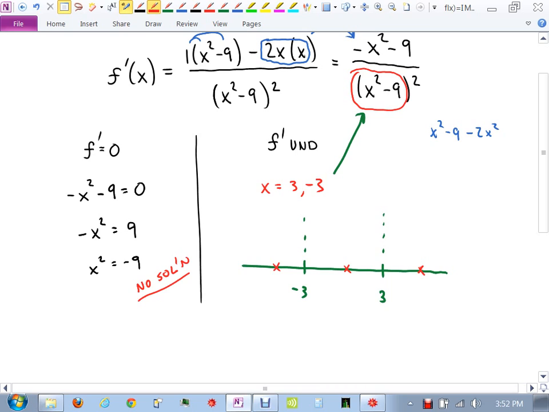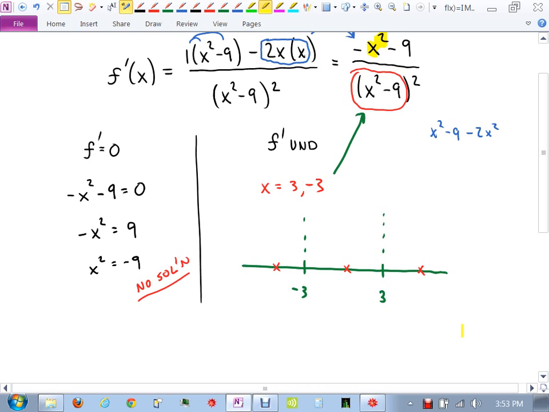This is kind of interesting. Can anybody tell me what I'm going to get with those test points? Doesn't matter what test point I plug in. What can you tell me about the numerator? Negative x squared minus 9. What is that always going to be? Negative number, right? Because when I square a number right here, it's going to be positive no matter what.